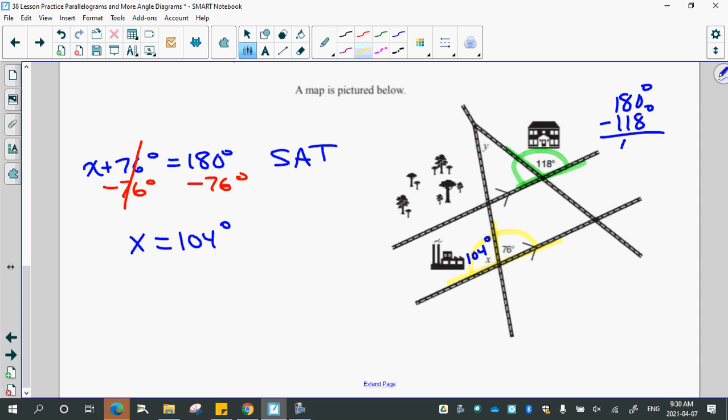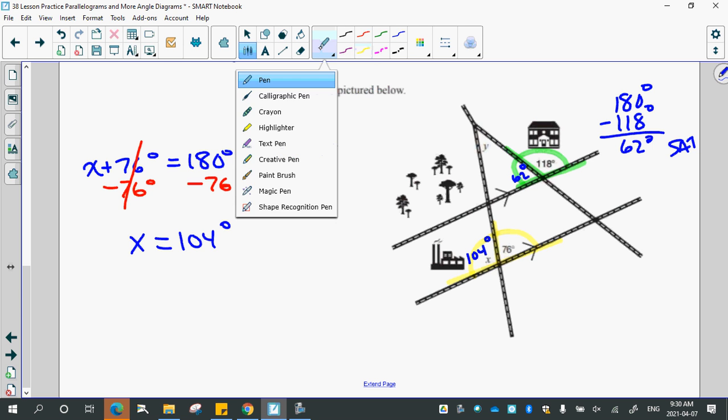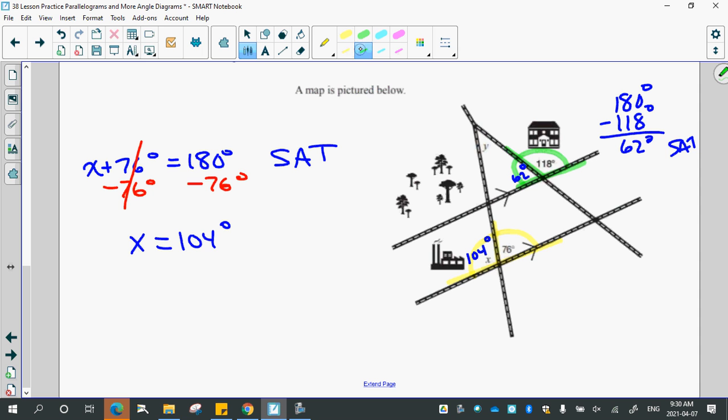Thank you. Okay, so supplementary angle theorem says that this angle on the inside of the triangle is 62. And then I did C. To get this angle? Yeah. Okay. I did 180 minus 76 and that gave me 104. I'm just doing a different color here.